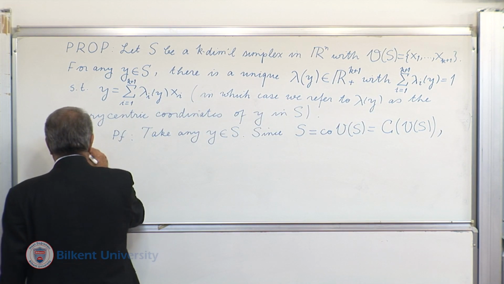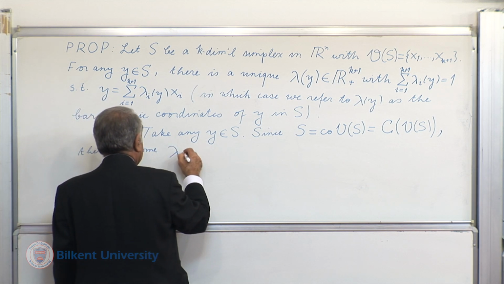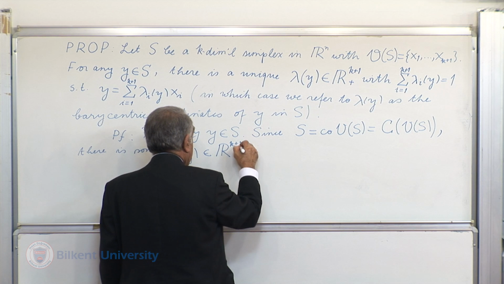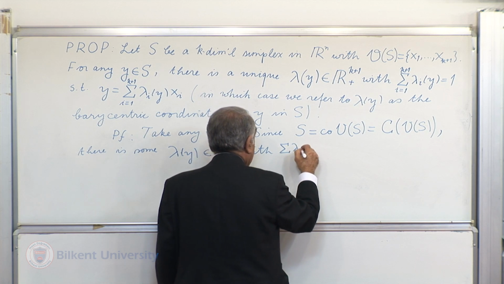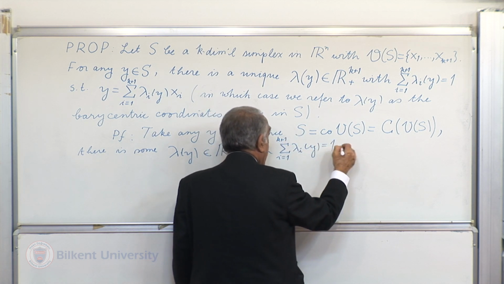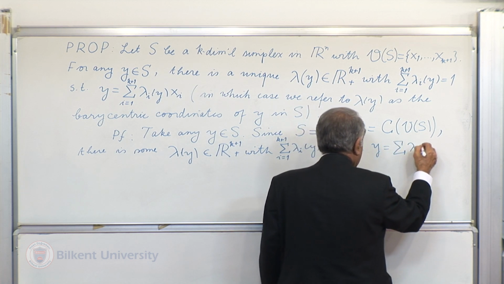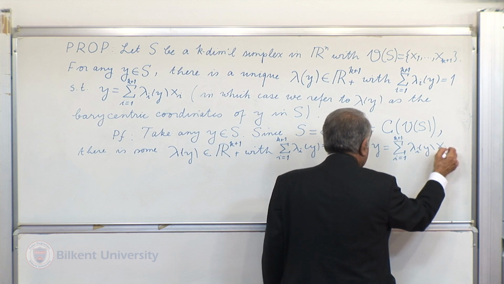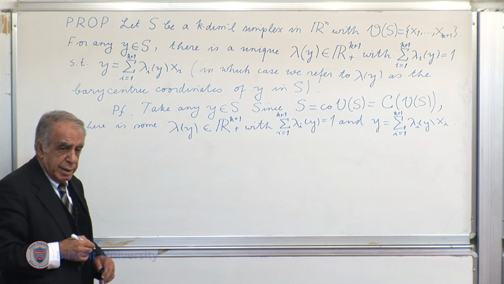There is some lambda y in R^(k+1) plus with the sum of lambda_i^y's, i from 1 to k plus 1, being equal to 1, and y is the sum of lambda_i^y xi, i from 1 to k plus 1. The existence part is clear.